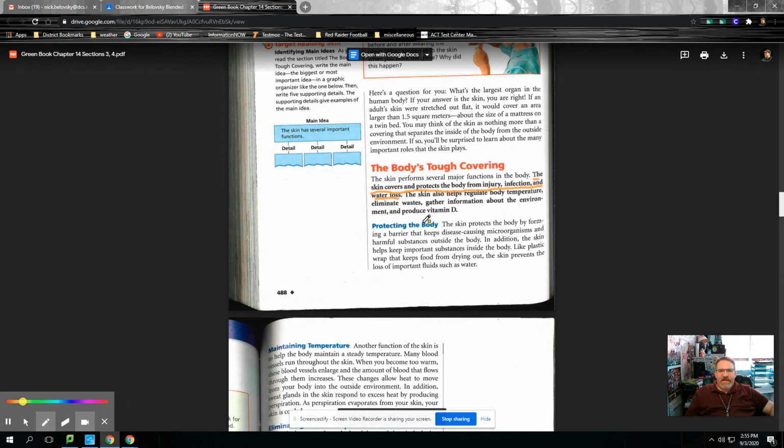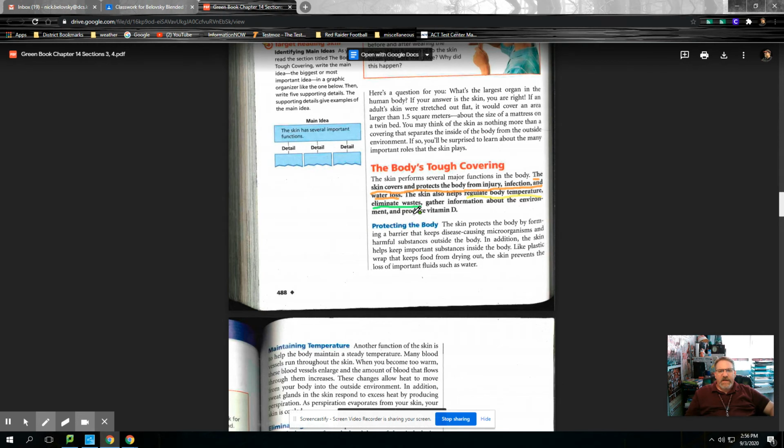Okay, the second thing that the skin does for you is it regulates body temperature. And if you're thinking to yourself, sweating and shivering, bingo, that is correct. So hit pause and type that for number 2. All right, number 3, your skin eliminates waste.